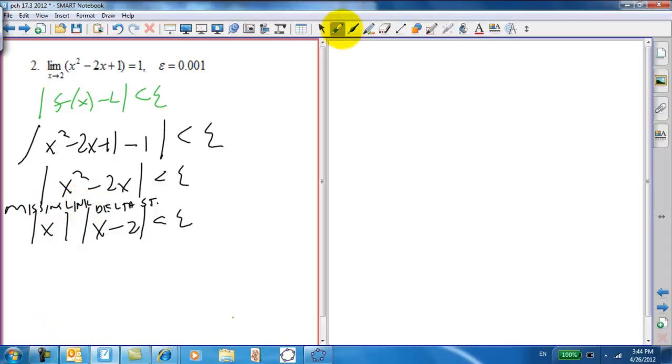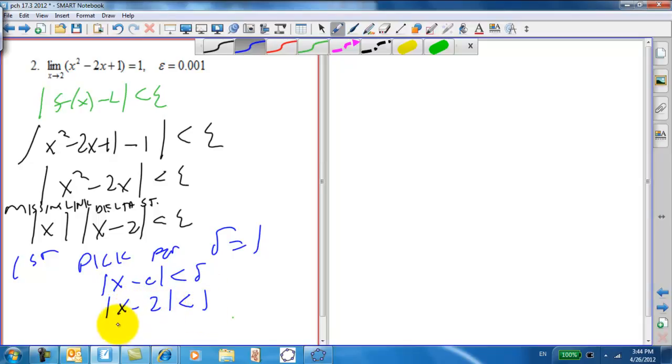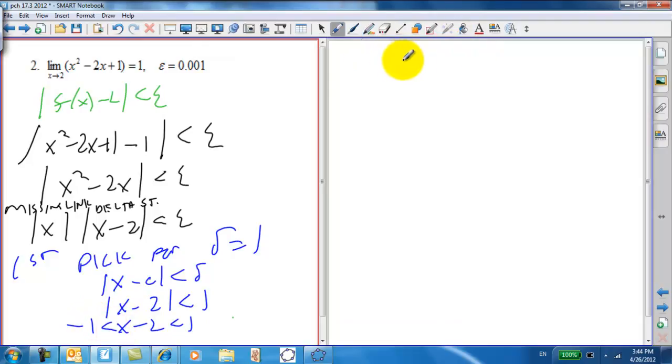So our first pick for delta equals 1. And we get the absolute value of x minus c is less than delta. So the absolute value of x minus 2 is less than 1. So x minus 2 is between 1 and negative 1. So that puts x between, add 2 to all three parts, 1 is less than x is less than 3.